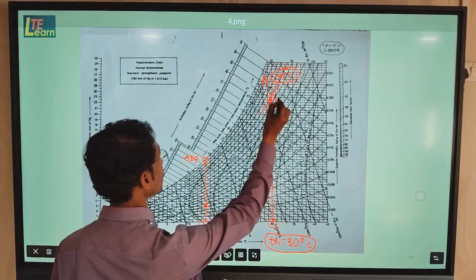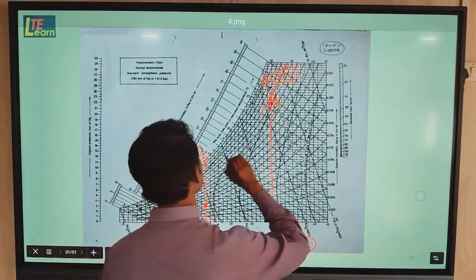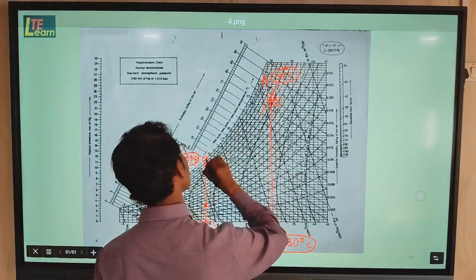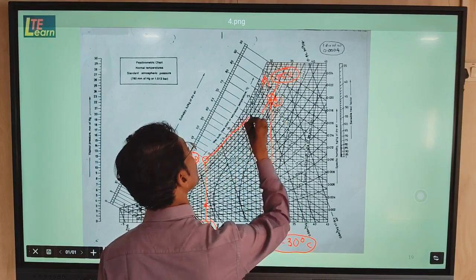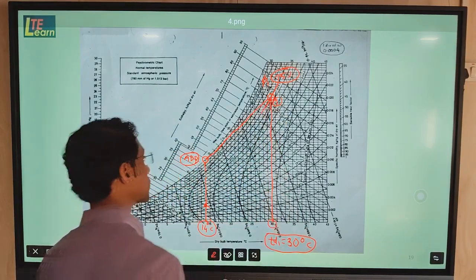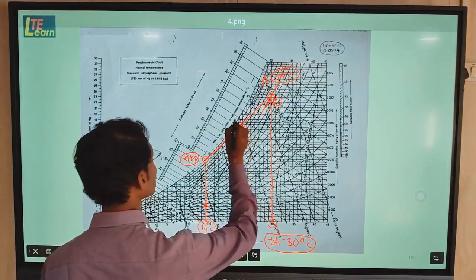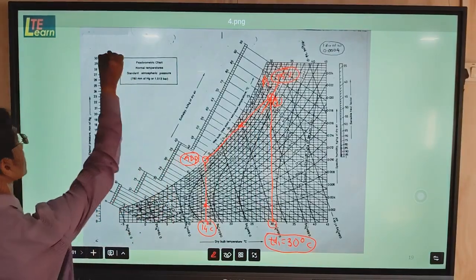This is point number 1, and this is the ADP point. Then we can join 1 to ADP properly. Thus we will get this process, that is the cooling and dehumidification process.